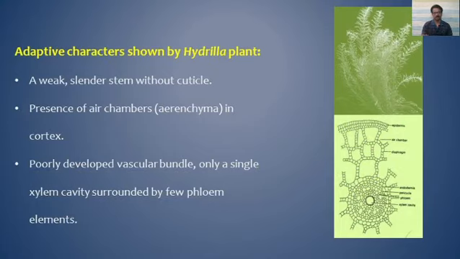So the functions of these vascular elements, xylem and phloem, get reduced. That's why there is not much development of vascular elements in such plants. These are the adaptive characters shown by this plant, Hydrilla.